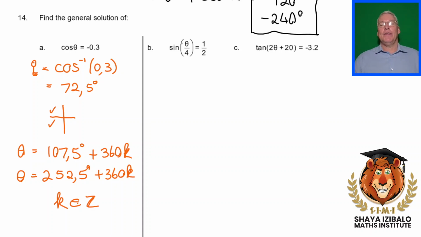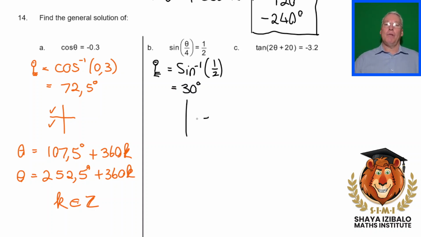Okay, so sine of theta over 4 is a half. The first thing we're going to do is find our key angle. We undo sine of a half, and we get 30 degrees. This time we want to be in quadrant 1 and quadrant 2 for sine to be positive.